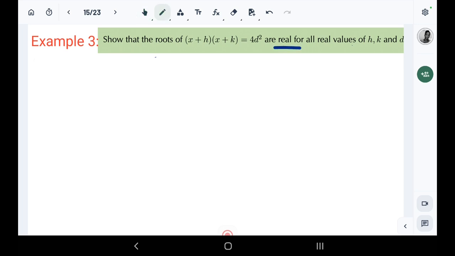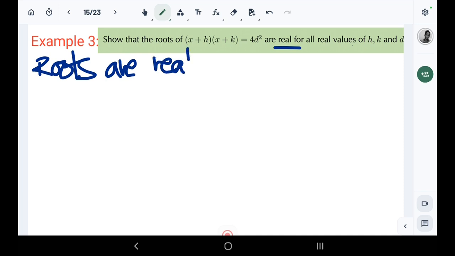According to the diagram, roots are real when your delta is greater than or equal to 0. Right, roots are real when the discriminant is greater than or equal to 0.